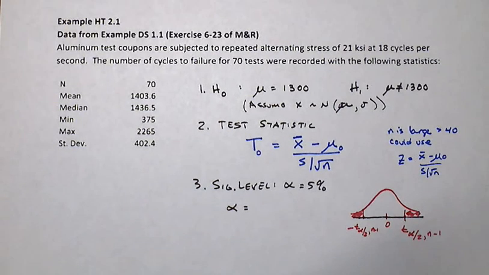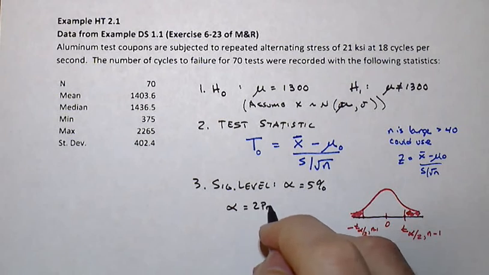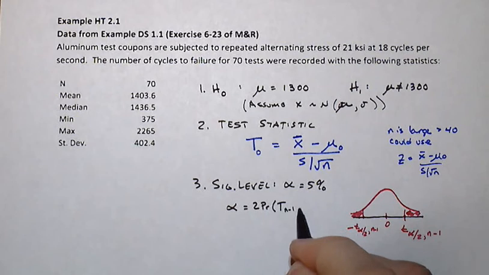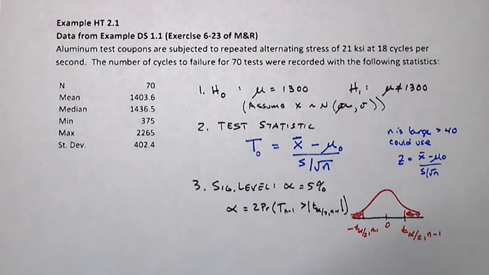So this is going to be now equal to 2 times our tail probability that our statistic is outside of our critical value. And I put the absolute value in there just to be a little bit more mathematically precise about that, right?